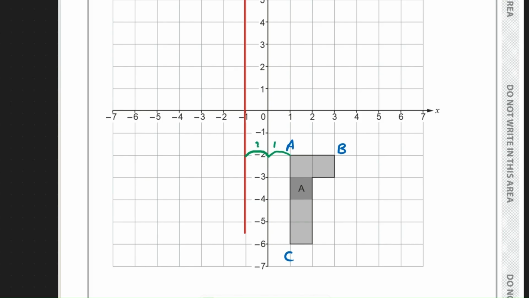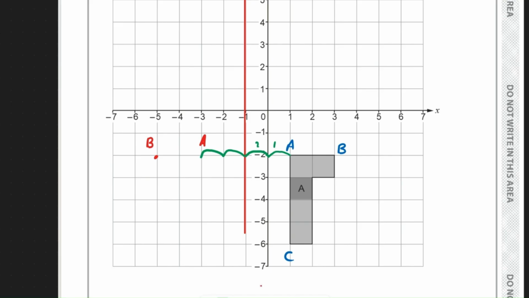So we need 1, 2 squares. So this is now A, isn't it? So A here. And B, how far is B? It's 1, 2, 3, 4 squares far away from the mirror. So now we can count 1, 2, 3, 4. So this is B here now.